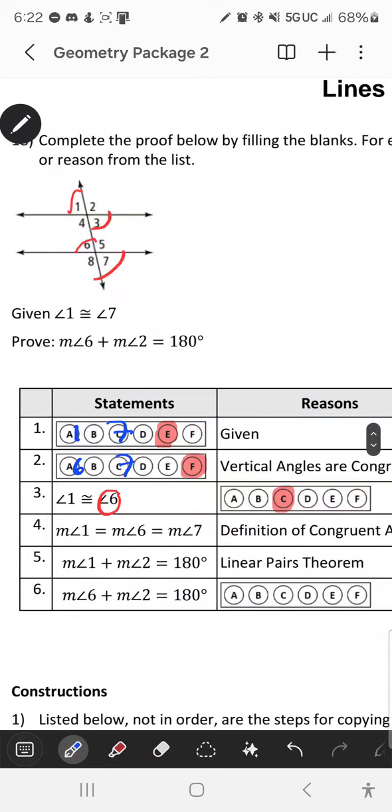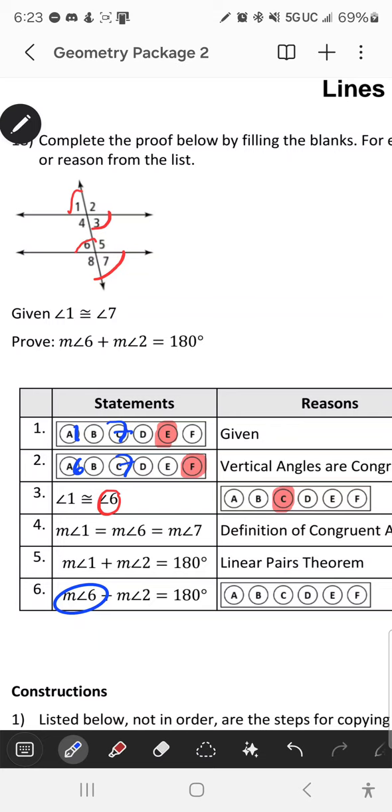Now, in this case based on the substitution property, we can say if 1 is equal to 6, we can substitute the value of 1 and put 6. That's another way to differentiate between the transitive and the substitution property: substitution generally is for adding or subtracting.